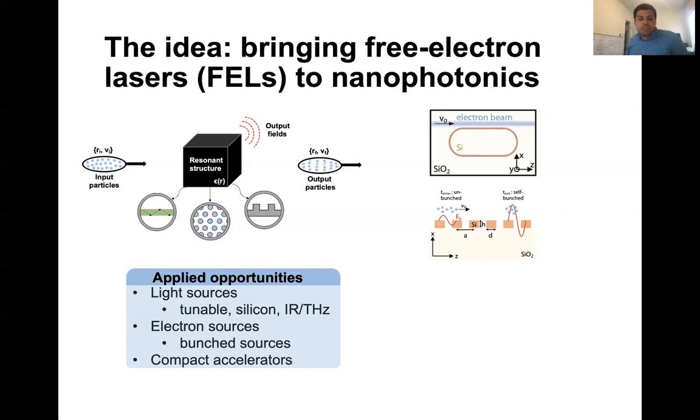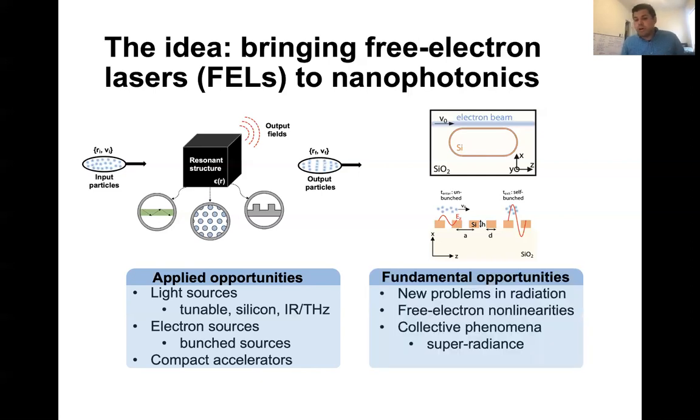These bunched electrons could then be used for other kinds of superradiant light sources for wavelengths comparable to the spacing of the electrons, like a UV superradiant light source. And also there might be applications for compact dielectric laser accelerators. Beyond that, there are also fundamental opportunities, and I may touch upon that at the end of the talk, but I wanted to include that here for parity.